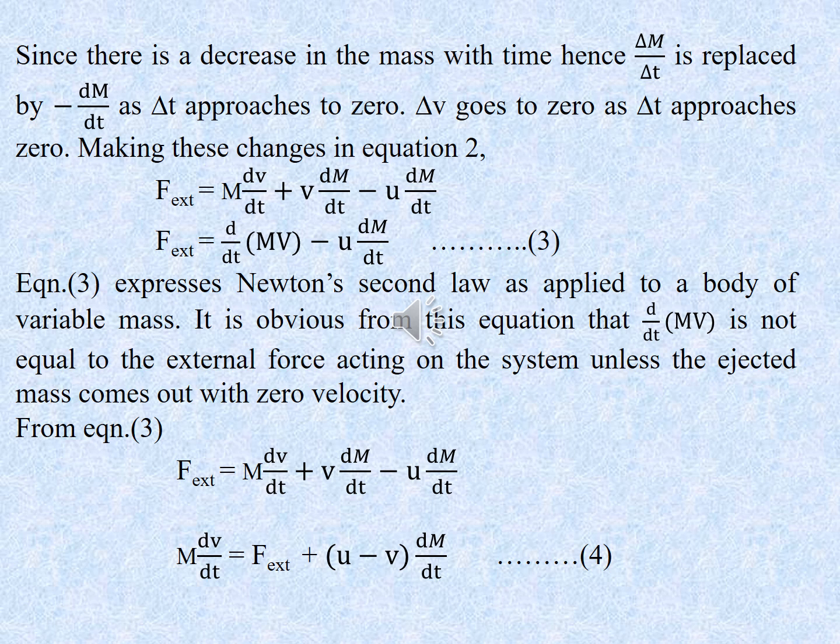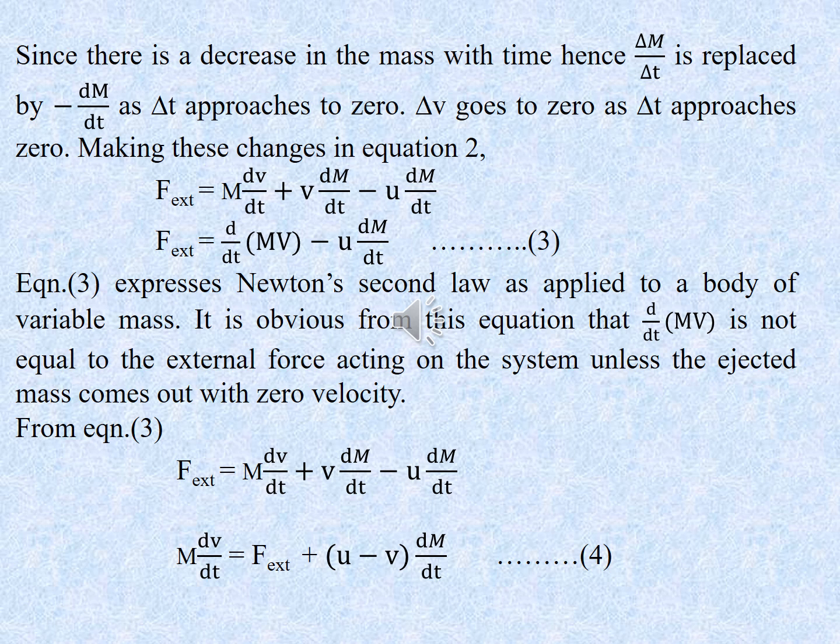Equation 3 expresses Newton's second law as applied to a body of variable mass. It is obvious from the equation that d by dt of mv is not equal to the external force acting on the system unless the ejected mass comes out with 0 velocity.